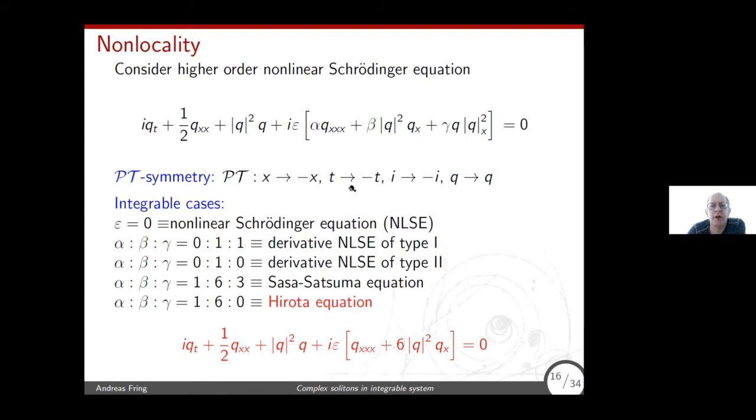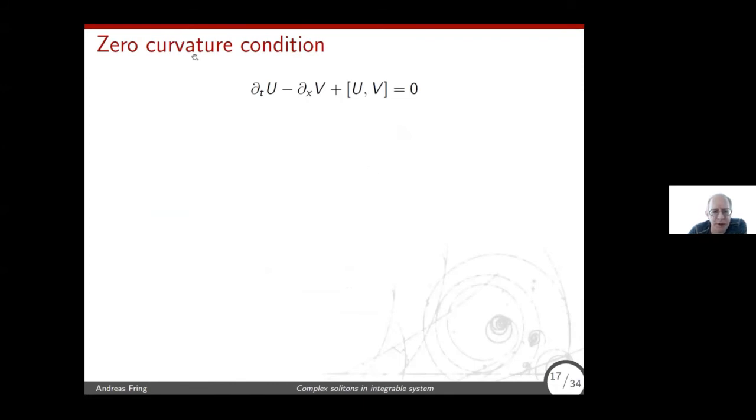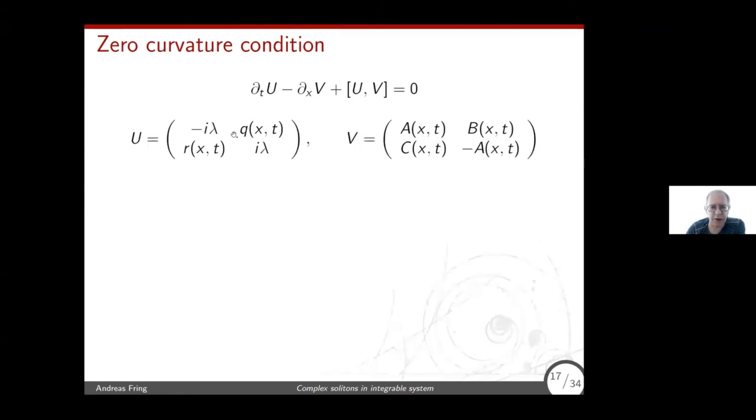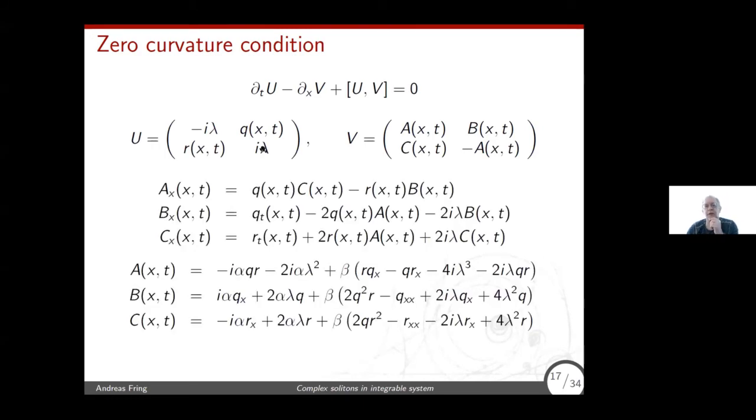So that's a known equation. So what is new? Well, you know that this equation is integrable from the zero curvature condition. Once you have a zero curvature condition, you can construct infinitely many charges, and that's the feature of classical integrability. Now here's the formulation for the Hirota equation in terms of the zero curvature condition.